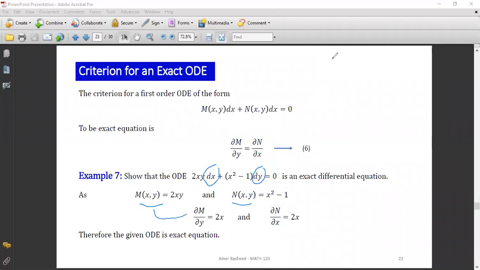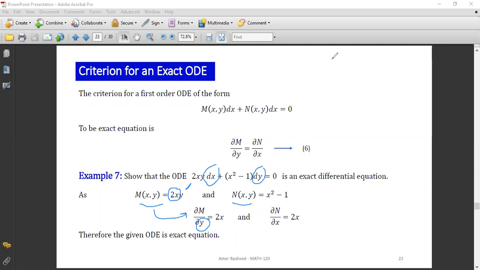Now you take its derivative, partial M over partial y, means you take the derivative of M with respect to y. The derivative of y is 1 here, and x and all other things remain constant, because you are taking the partial derivative with respect to y. So everything else will be considered as a constant except y.